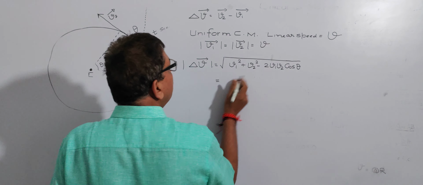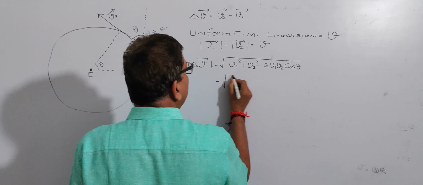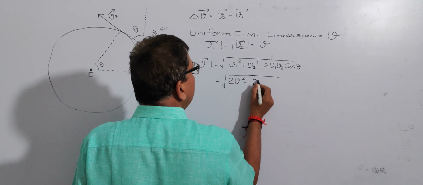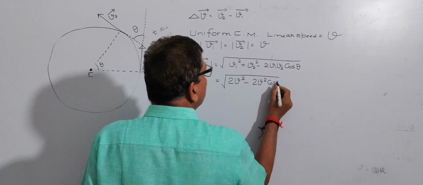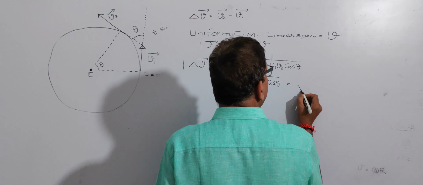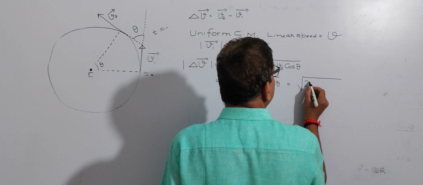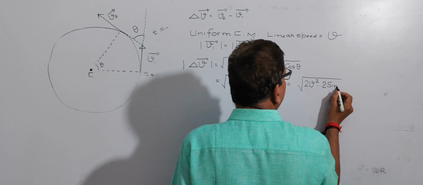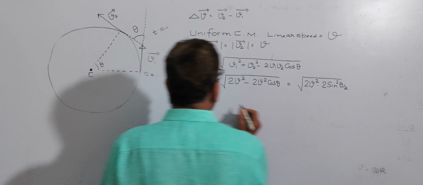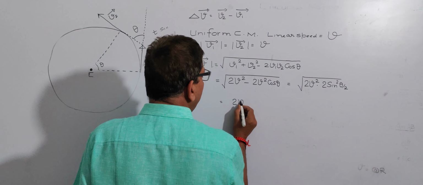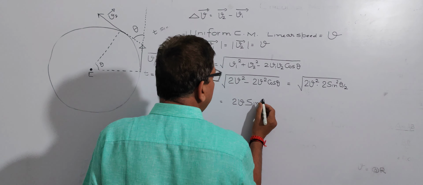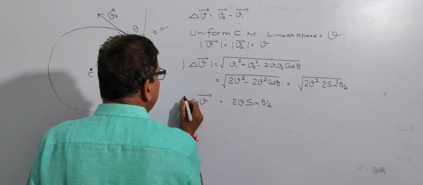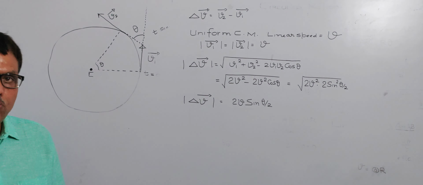Now since v1 and v2 are equal, this value is root under 2v square minus 2v square cos theta. So this is root under 2v square times (1 minus cos theta), and 1 minus cos theta is nothing but 2 sin square theta by 2. So this value is 2v sin theta by 2, the change in velocity vector. Is it clear? The change in velocity vector is 2v sin theta by 2.